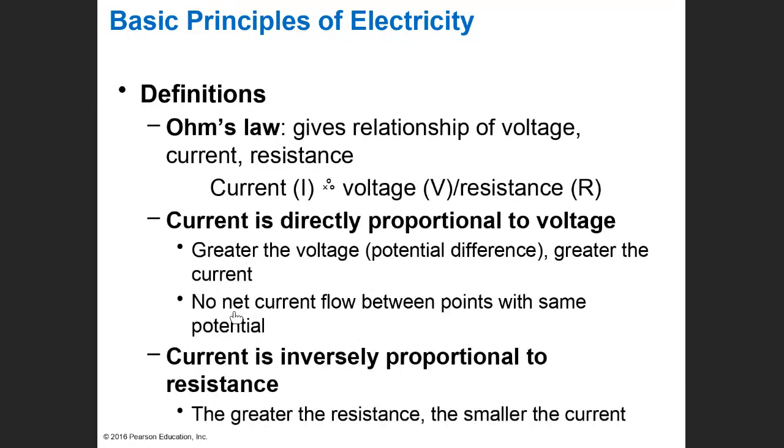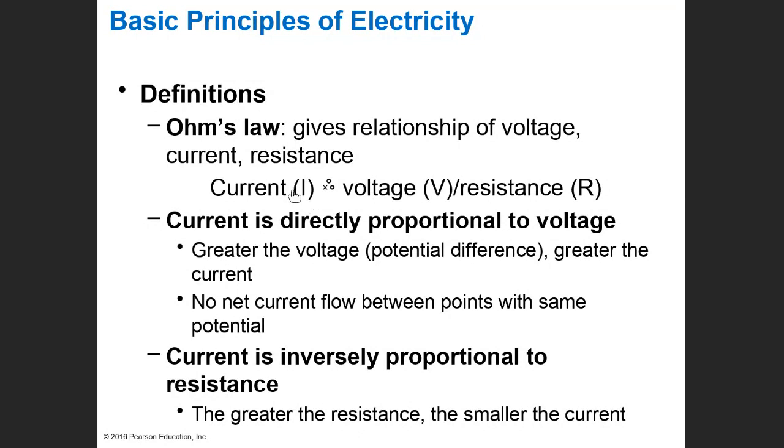So these definitions bring us to an equation that y'all need to know. There will for sure be a question on it. I'm not going to be putting numbers here. I just am concerned that you understand the relationship, same as with a lot of the things you learn in math classes.